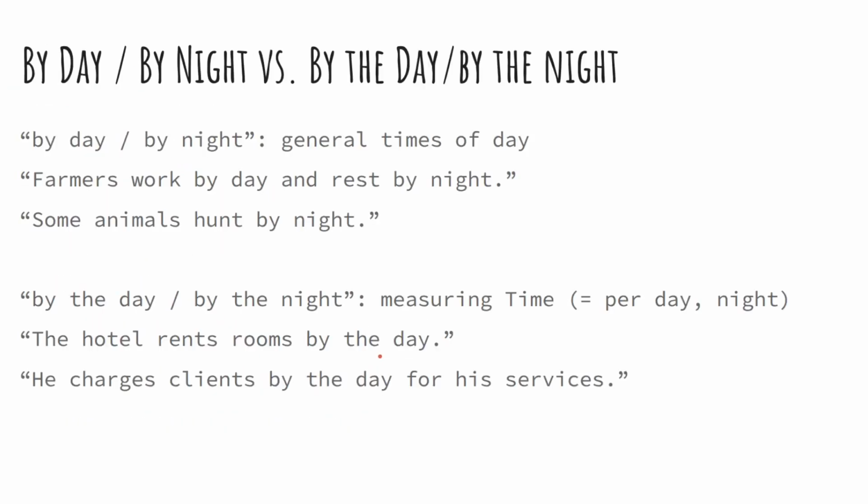By day, by night versus by the day. Finally, let's examine by phrases. General time, zero article. Farmers work by day and rest by night. Some animals hunt by night. Here, by day, by night are fixed expressions referring to general times of day.